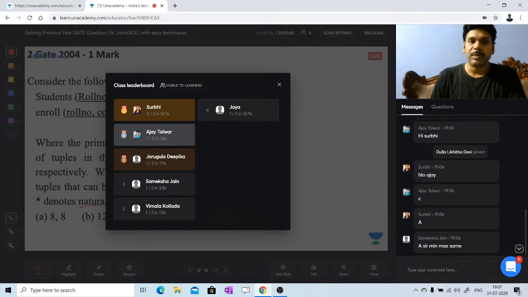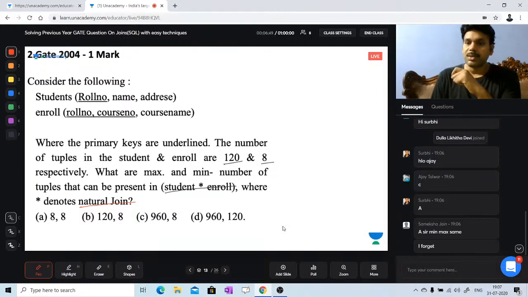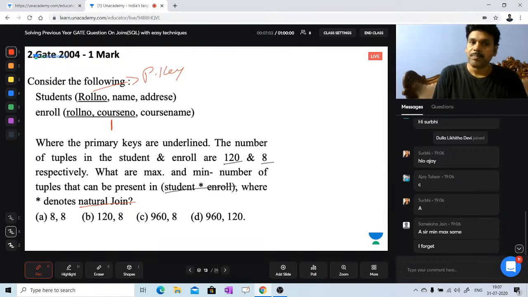So everybody did excellent. What is our answer? You just need to identify which one is the master table and which one is the child table. As this is your primary key, and primary keys are underlined, this is your primary key, and this roll number is used as a foreign key.